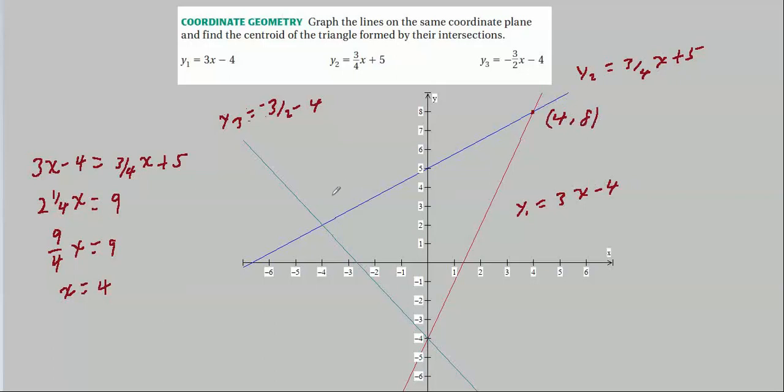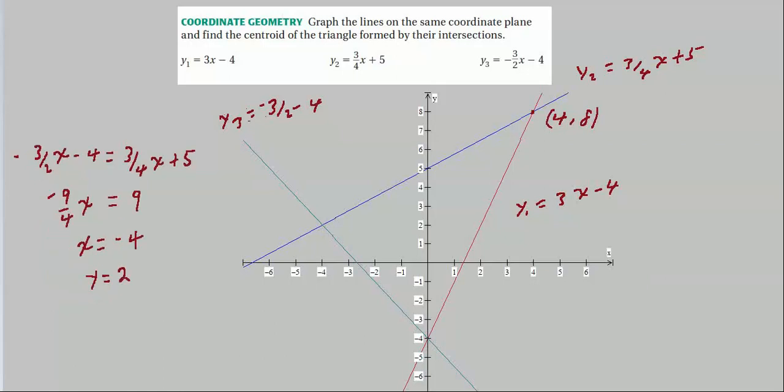What about this? This point here is where this line intersects this line. Okay, I set this equation equal to this equation and did that in the same spot over here.